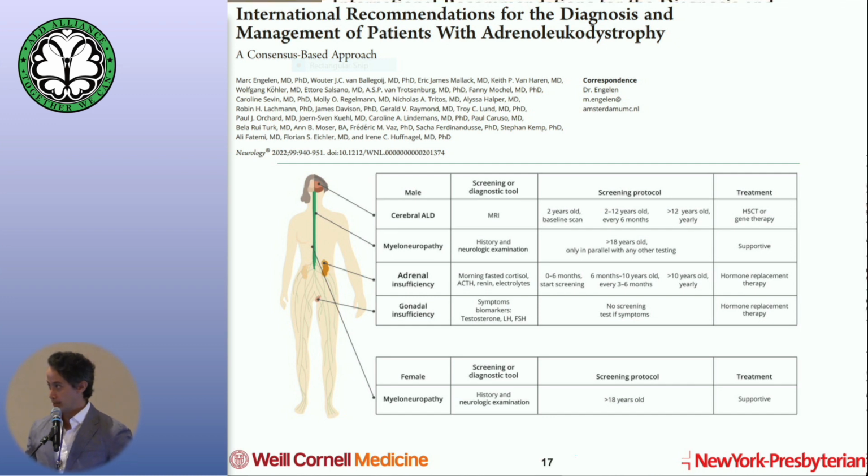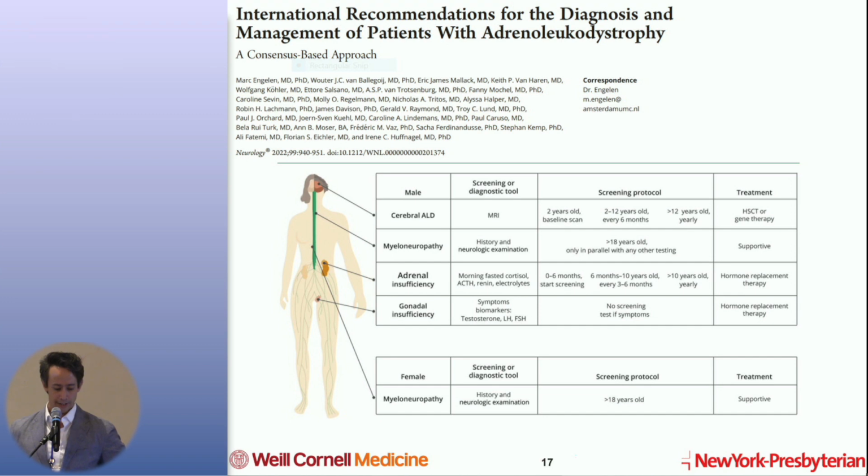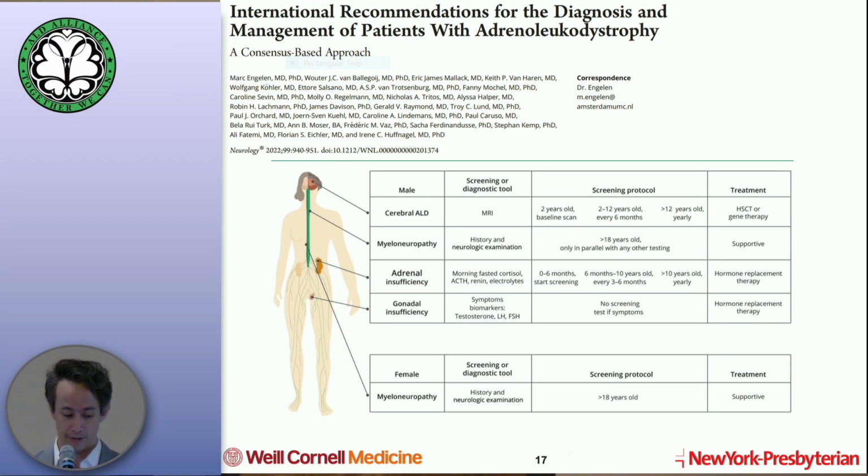There was an international effort to do this using the Delphi procedure, where physicians and people familiar with ALD from around the world voted on recommendations. This was headed up by Mark Engelin, and this is an entire talk unto itself, but I will just orient you to the top row here. The surveillance recommendations we came up with were to start at 2 years old, and essentially have imaging from 2 to 12 every 6 months.